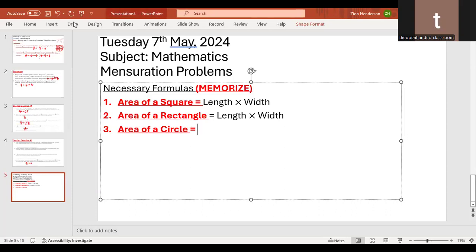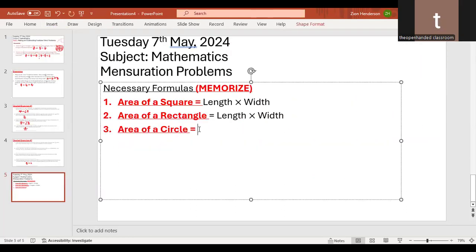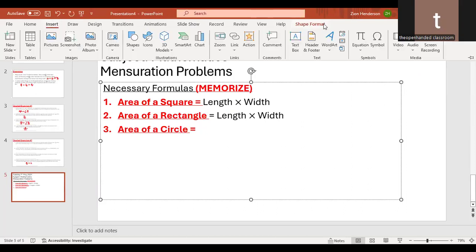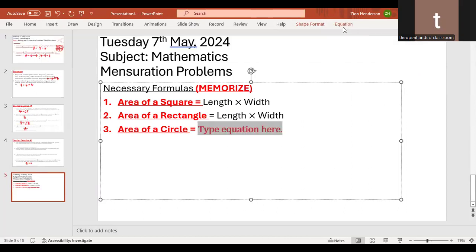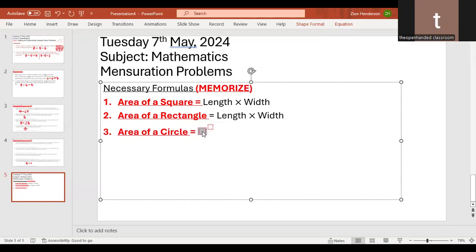Does anyone remember the formula for the area of a circle? Pi what? Pi r squared. Are you guessing or telling me? Pi r squared. You sure? Yes, I'm sure. It is pi r squared.